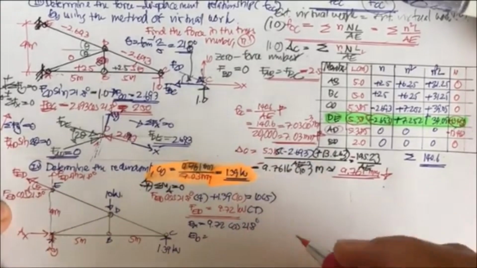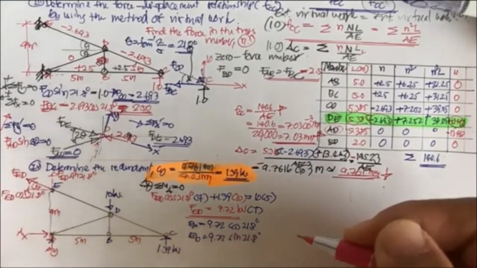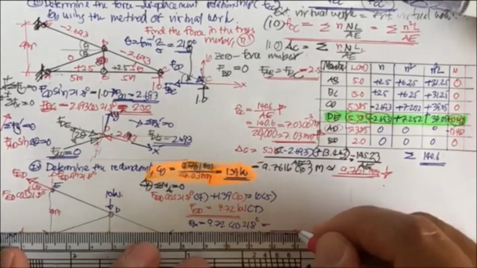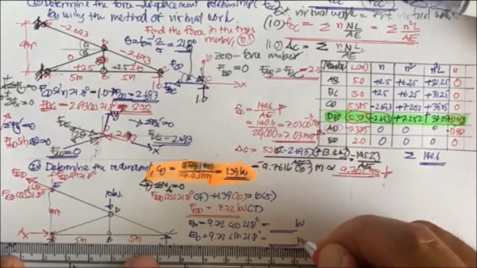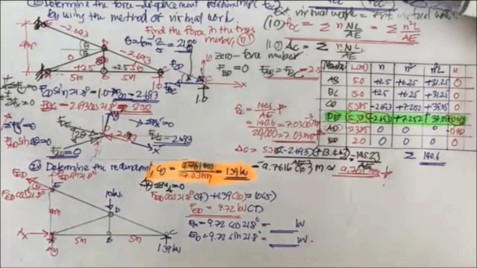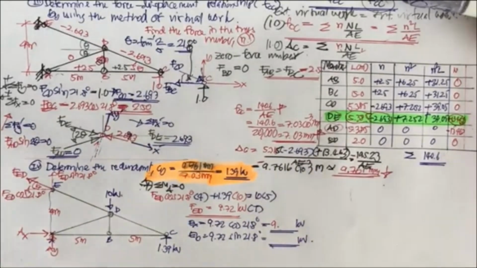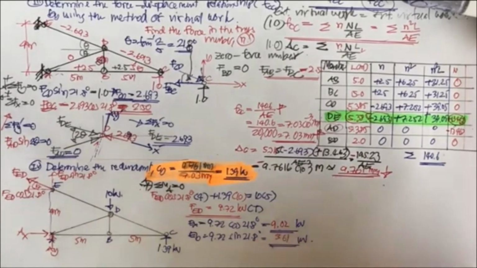E sub y equal to 9.72 sine 21.8 degree. So you get the result. Okay, E sub x and E sub y. This is going to be 9.02, and for this one going to be 3.61.